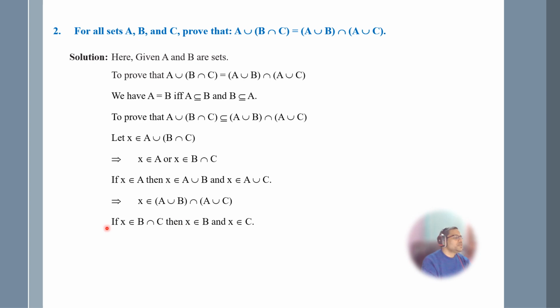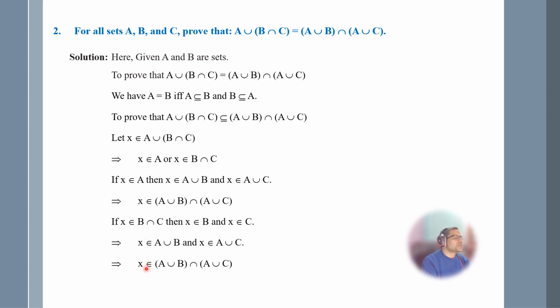And likewise, if x belongs to B intersection C, this condition is taken here, then we can write x belongs to B and x belongs to C. And this implies that x belongs to A union B and x belongs to A union C.